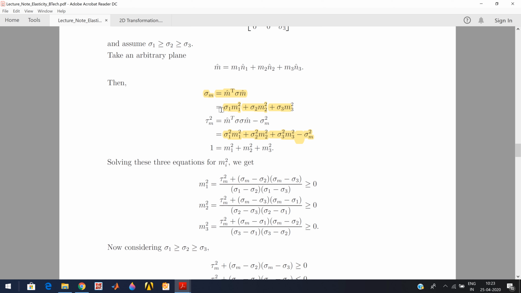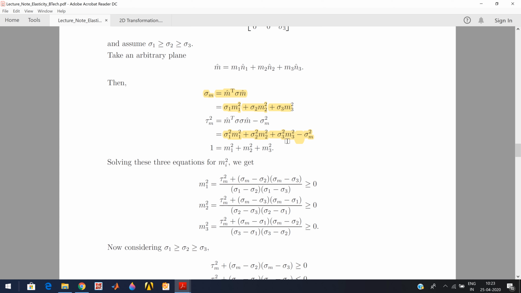We find the squares of the components m1, m2, and m3. So we now can solve these three equations, and we will be able to find the solution for m1 square, m2 square, and m3 square in terms of sigma m, tau m, and sigma 1, sigma 2, and sigma 3.